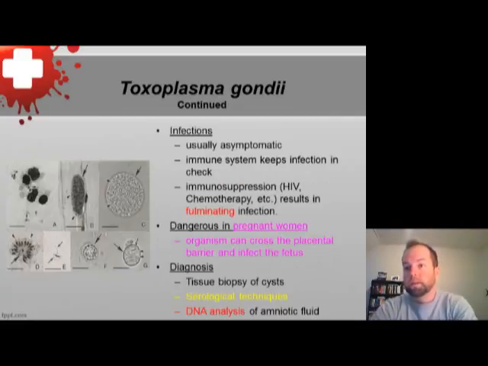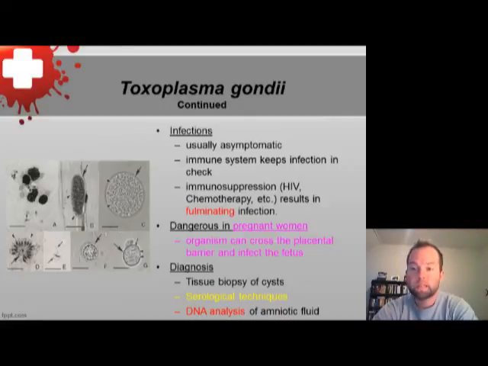Toxoplasma gondii infection is usually asymptomatic. The immune system does a good job of keeping this infection in check, and clinical symptoms usually only manifest in patients that are immunocompromised, such as people going through chemotherapy, or individuals with immune diseases such as HIV.